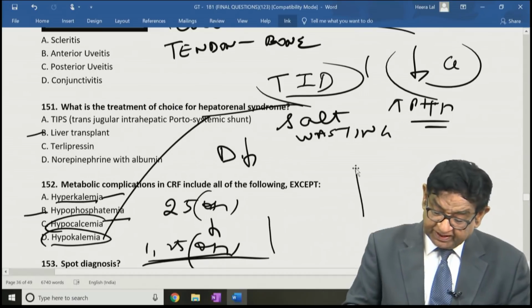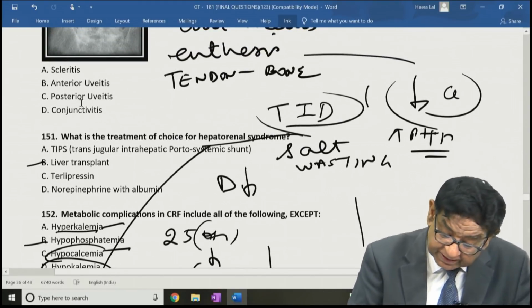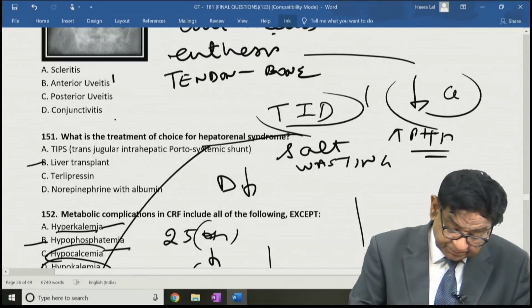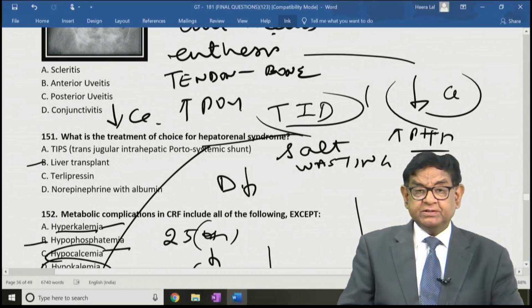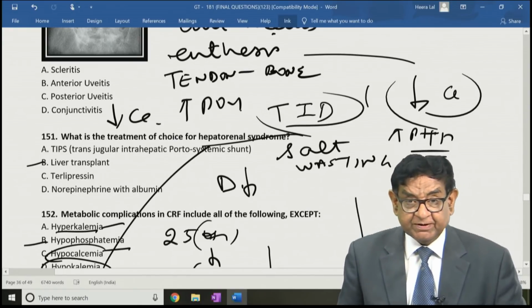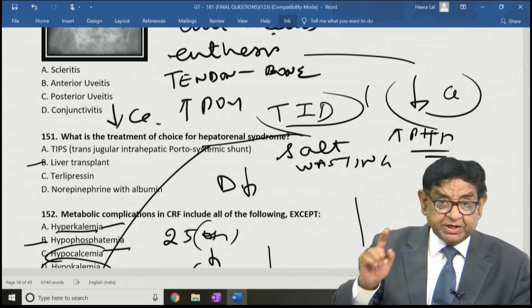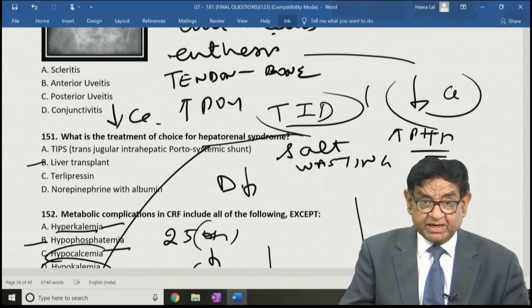The classical finding is low calcium and high phosphate. This is secondary hyperparathyroidism due to CRF. But remember, nutritional rickets and osteomalacia can also lead to secondary hyperparathyroidism.